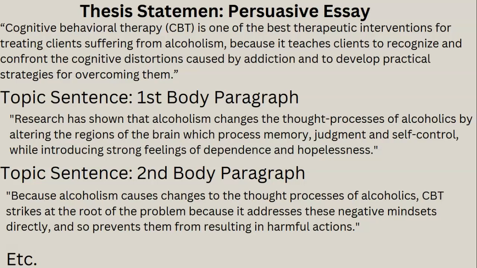The topic sentence for your second body paragraph would connect back to that first paragraph while introducing a new idea. So let's go read it. You've already introduced alcoholism. Now you're introducing CBT as a potential treatment for alcoholics. So you might write a sentence something like this.